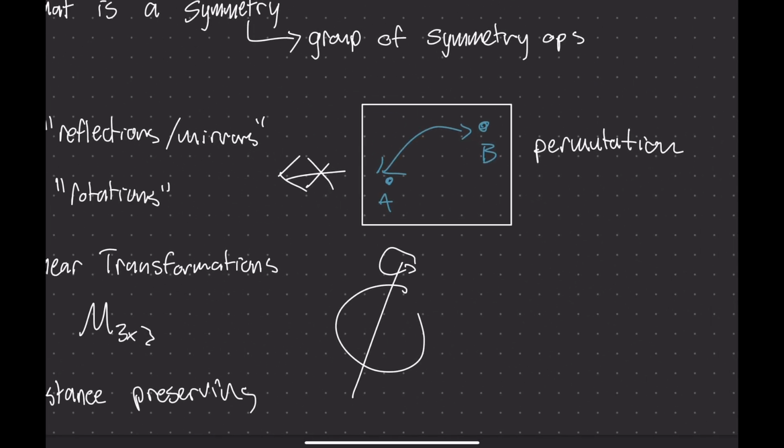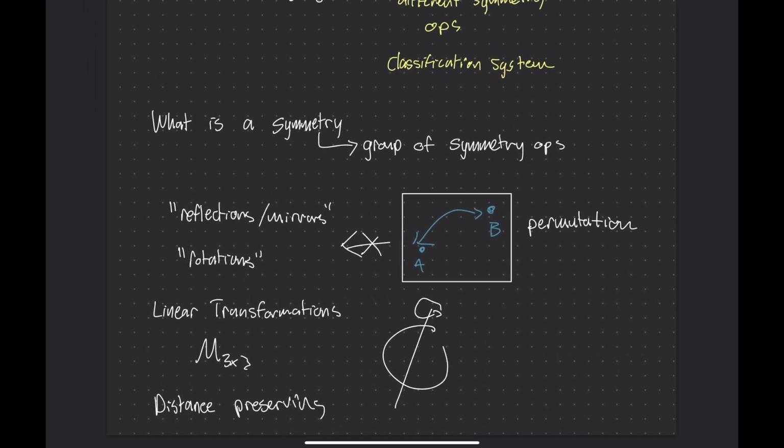Finally, the last property of the restrictions of the group of symmetries that we have is the idea that at least 1 point doesn't move.